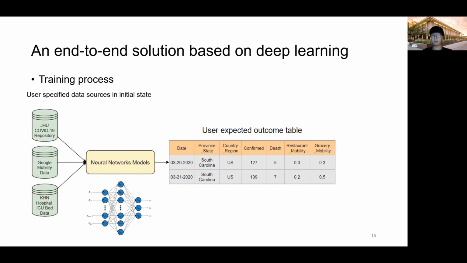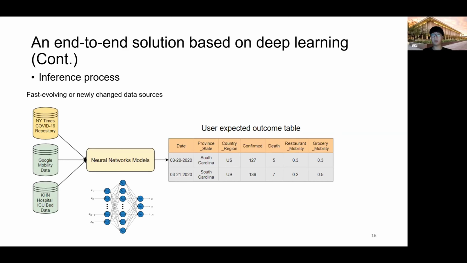We will describe them in detail later. In the inference process, even if source data have evolved and use formats that are different from the initial state, our deep learning-based integration pipeline can still correctly map each data item to its position in the outcome table.